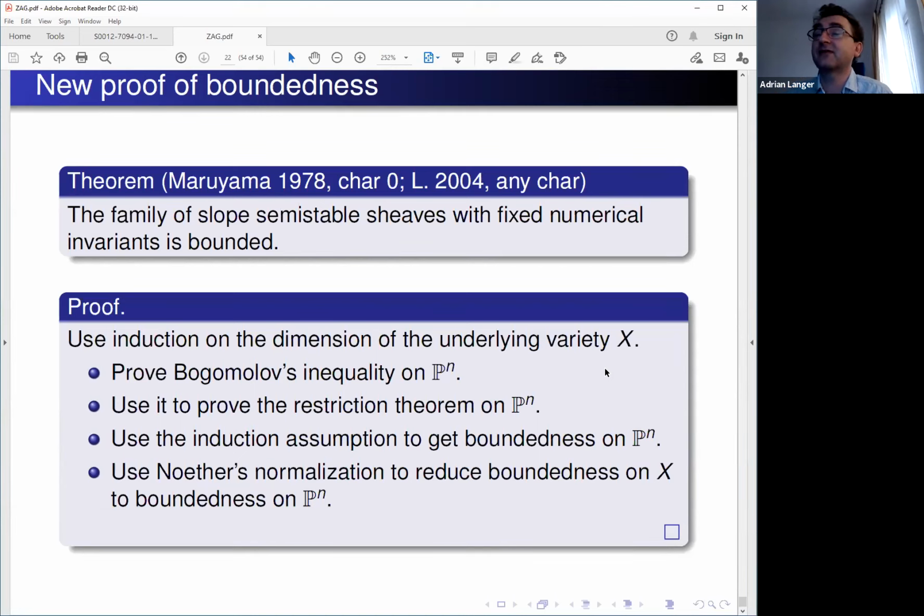This doesn't, fortunately, mean that my result from 2004 is obsolete, because I proved something much stronger than this one. So here we really proved that the family of slope semistable sheaves with respect to one polarization is bounded, whereas the result that I proved at that time was somehow able to deal with multiple polarizations, and this cannot be proven so simply like this result.